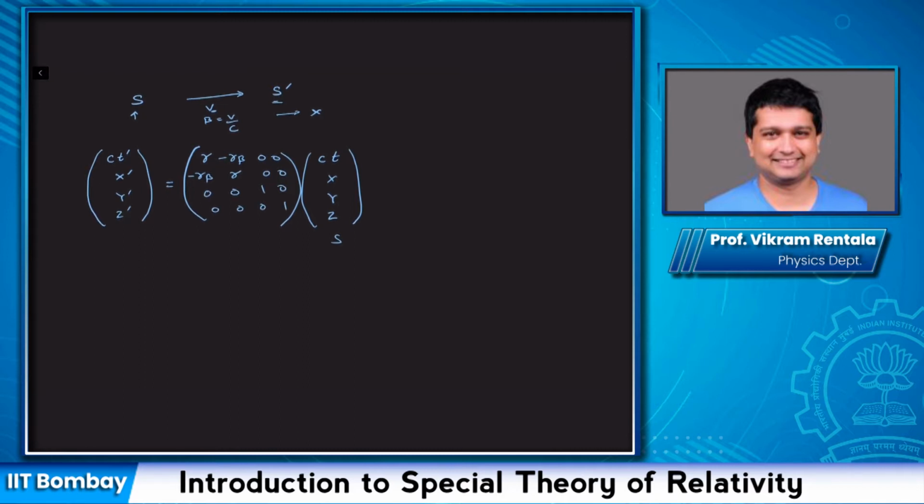Okay, where gamma is 1 over the square root of 1 minus beta square. So this tells us the transformation between the coordinates in frame S and the frame S prime.